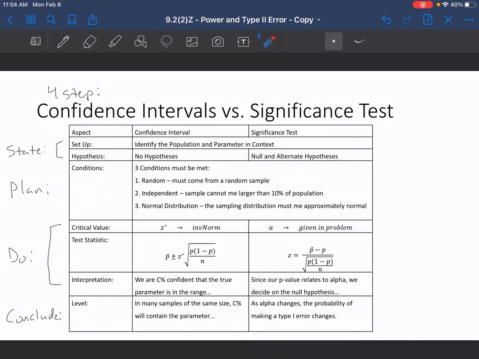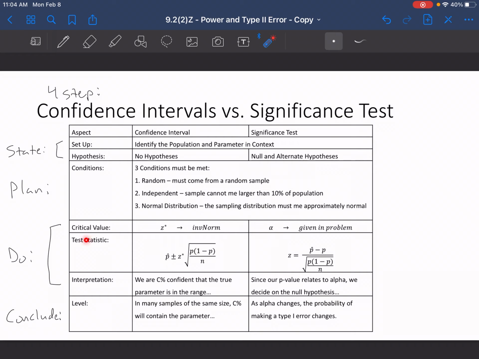From there, we want to focus on the do portion. So first, for confidence intervals, we would really need to focus on the critical value, or solving for z or t, and you can do that using inverse norm or inverse t. For significance tests, we want to look at alpha, or our significance level, and a lot of times that's going to be given in the problem. We're really not going to solve for that on our own.